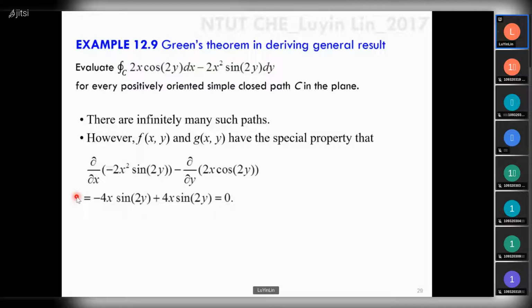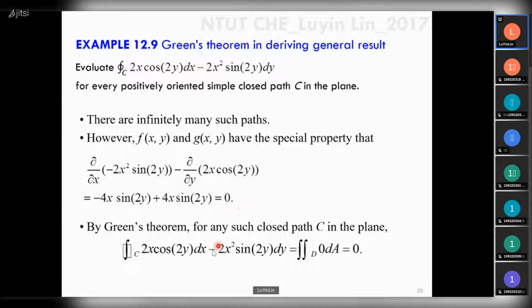This example is a special case. The special case means the answer is equal to 0. So if the answer is not equal to 0, you cannot get the answer for this one. Okay, so because you use the Green theorem to calculate this double integral, then you find the answer is equal to 0, then you put the answer in the double integral here.